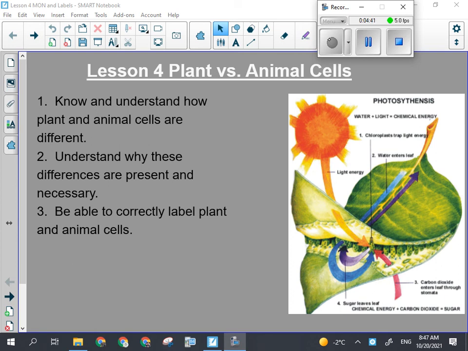But what all three have in common, and what bacteria and the amoeba and the paramecium and the euglena that we looked at yesterday have in common, is they all use the same chemical for fuel. It's just about how they get it that's different. That fuel is glucose.